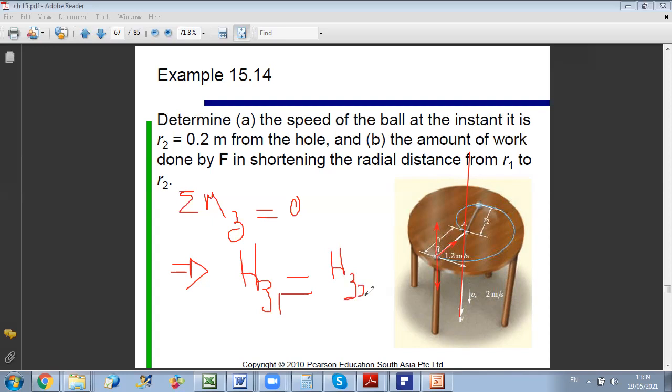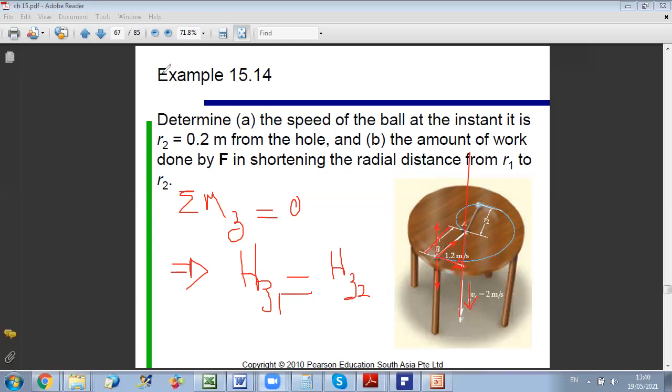Now, let us see what we know. What we know in the problem is that initially, before we start applying force on the cord, the velocity was 1.2 meters per second, perpendicular to R1. R1 is given to be equal to 0.5 meters.